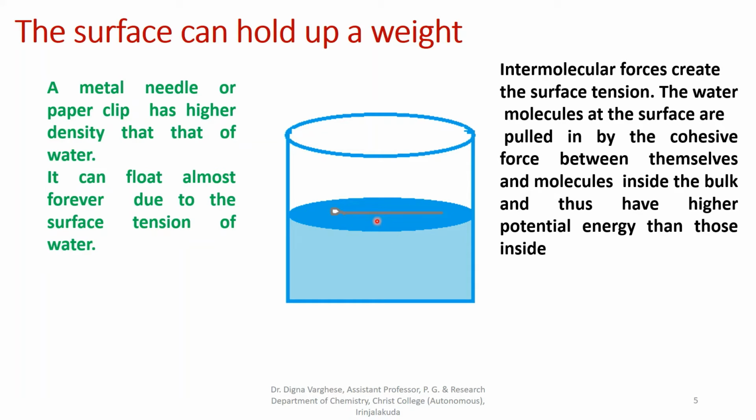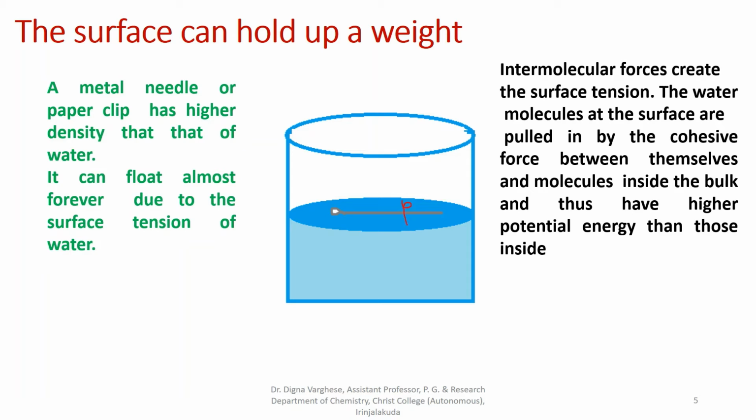The water molecules, there are hydrogen bonding at the surface which are pulled in and also by the cohesive force between themselves and molecules inside the bulk, and thus have higher potential energy here than the bulk of the liquid.